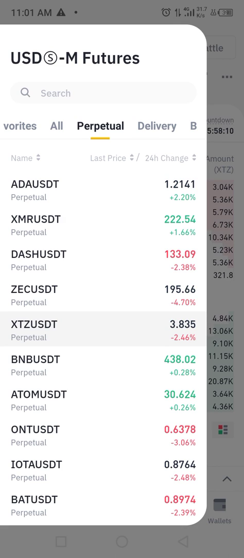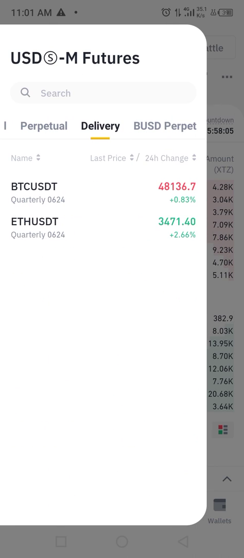You can cancel it anytime. They are settled at every point in time. But delivery date contracts are futures contracts that expire at one point in time, like these quarterly contracts. When you open the contract, you cannot stop it until its time is due, maybe quarterly, after every 3 months.